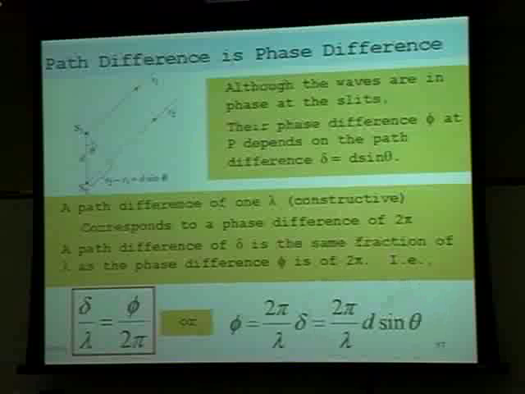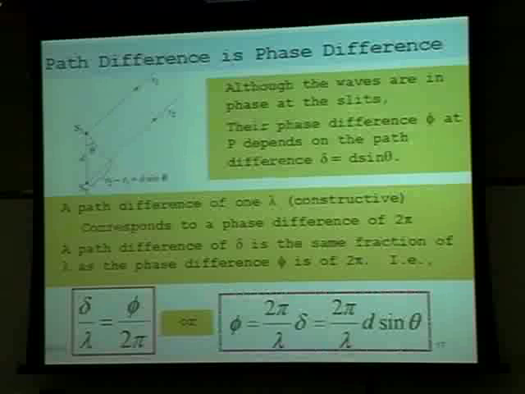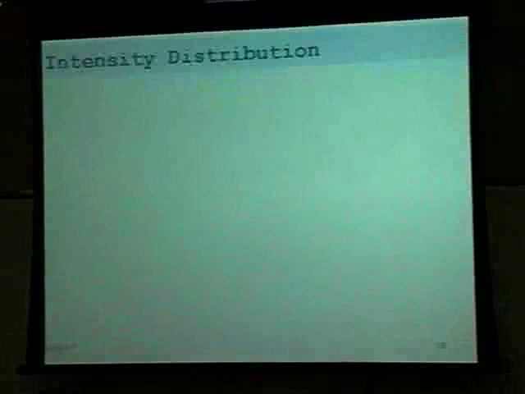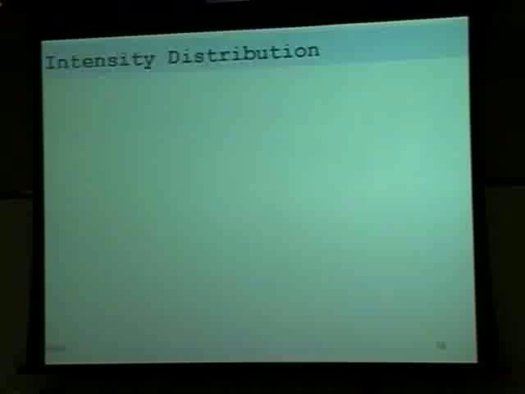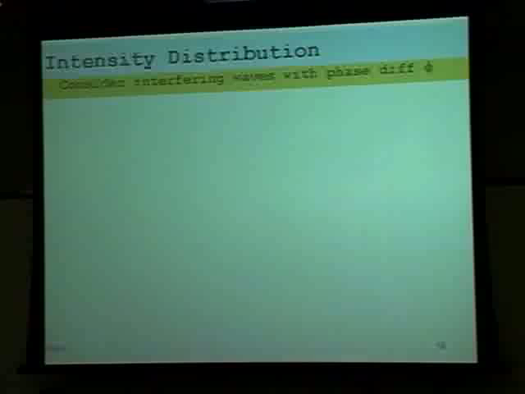I'm headed somewhere with this. That'd be the phase difference between the two sources, because I want to use it in calculating intensity distribution for these two sources.